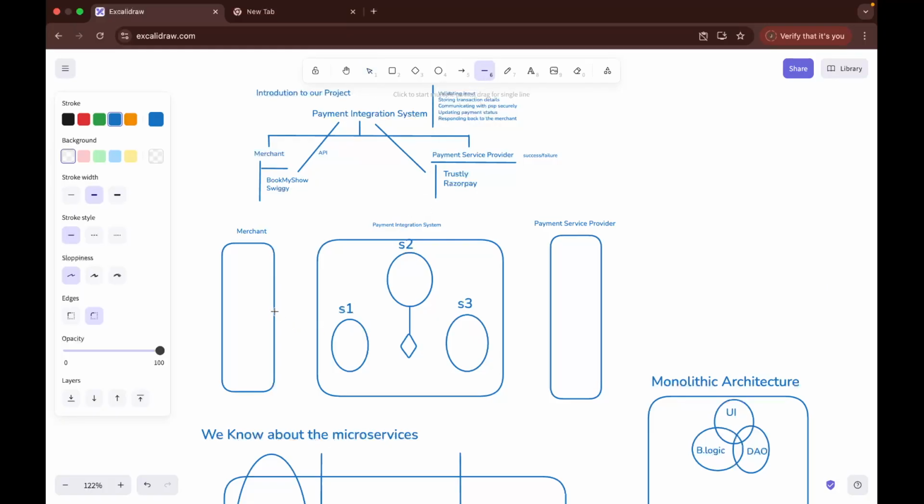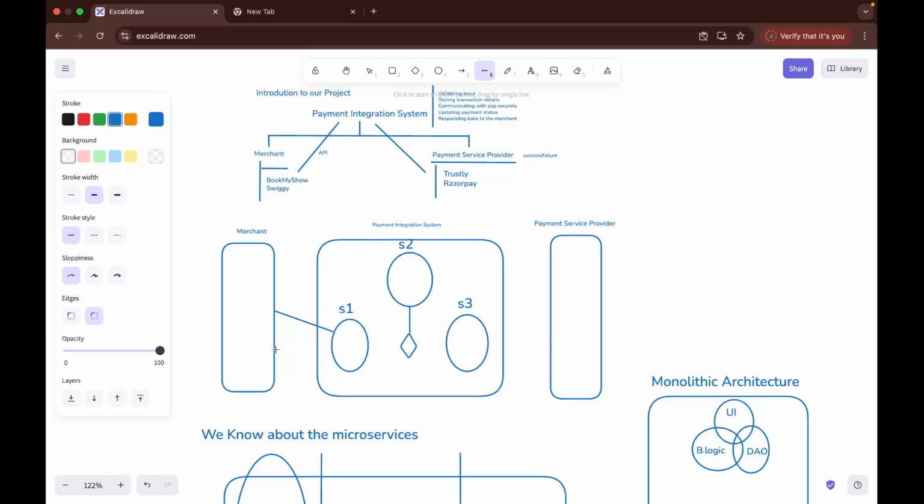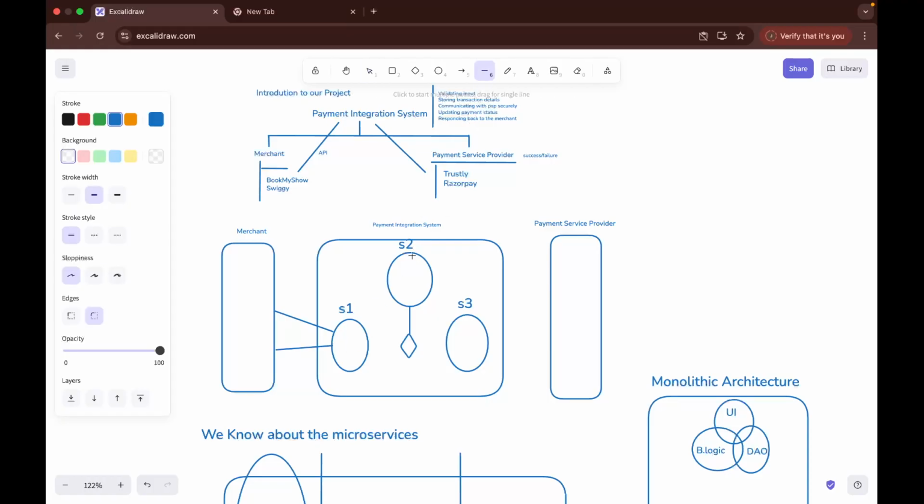This is the connection, sending the request.